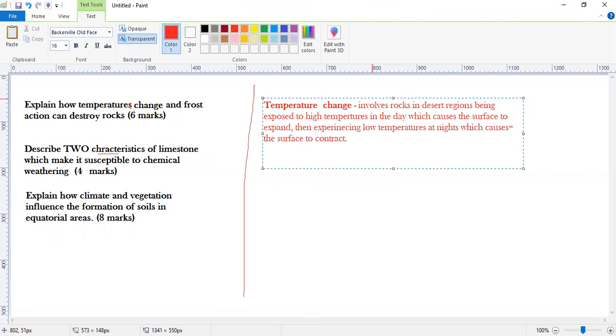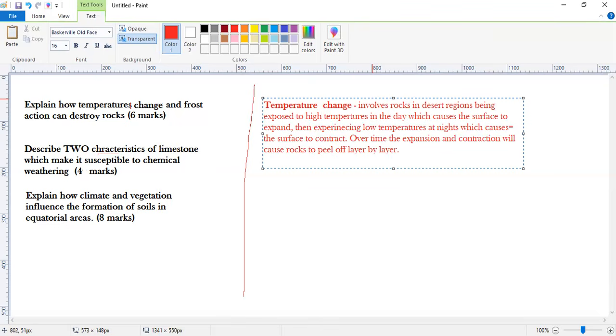And then we could complete everything by saying over time, the expansion and contraction will cause rocks to peel off layer by layer.